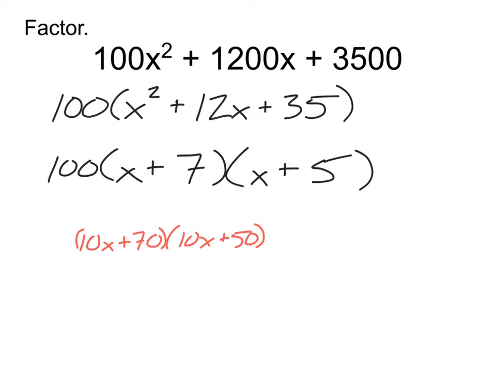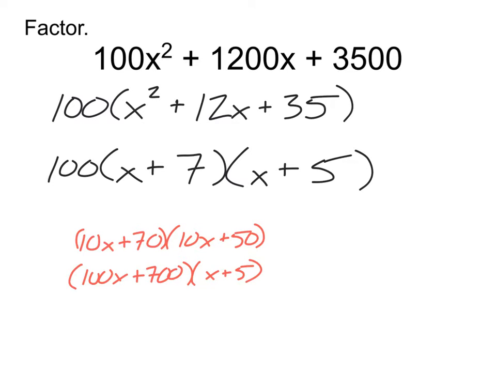Now notice that if I take a look at this version, I can divide that parenthesis by 10 and this parenthesis by 10, which means it's not totally factored. There's still something I could pull out of the parentheses, and hence this would be considered partially factored but not completely factored, and we need to always be completely factored. The other options you might have come up with would have been 100x plus 700 times x plus 5.